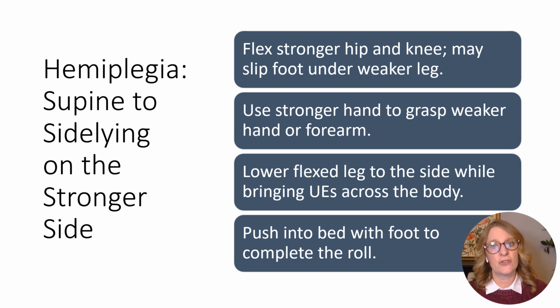You're going to use the stronger hand to grasp the weaker hand or forearm. So you're going to maybe have to guide this process. The end goal is the client ends up understanding this process and can do it on their own. Then you're going to lower the flexed leg to the side while bringing upper extremities across the body, and push into bed with the foot to complete the roll.